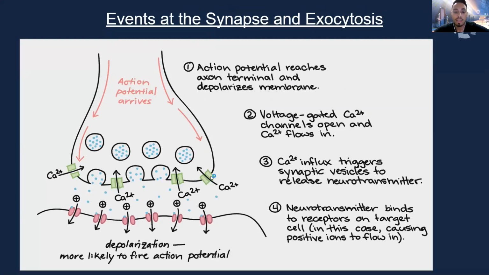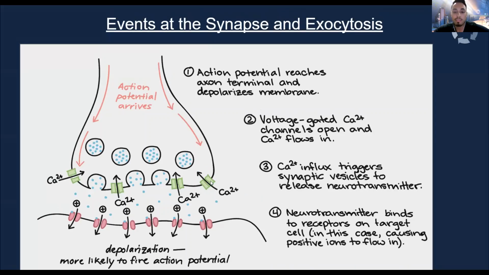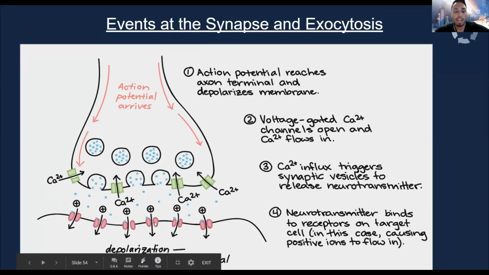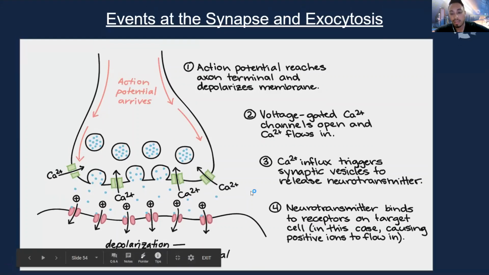And when calcium flows in, there's a whole mechanism behind this, but basically the calcium helps facilitate these synaptic vesicles to make their way down to the terminal and bind to the terminal and essentially open up and release their contents. And when they release their contents, these neurotransmitters make their way down to the postsynaptic neuron, and then they bind to the specific ligand receptors on this postsynaptic neuron.